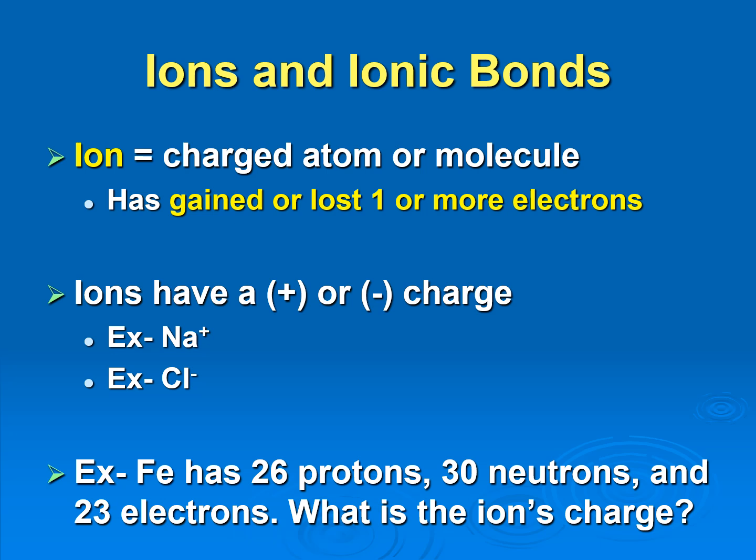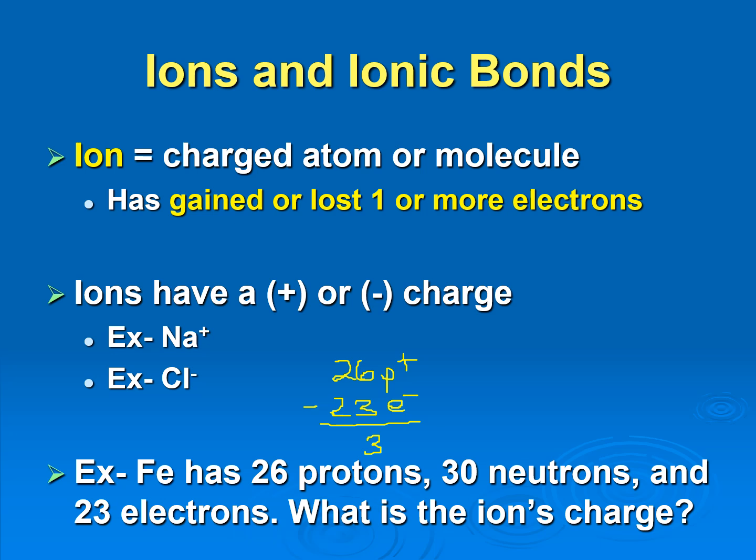So how we figure this out is that we're going to take 26 protons, and then we've got 23 electrons. So protons have a positive, electrons have a negative, so it's like we're subtracting them, and we end up with 3 extra protons compared to the electrons, right?